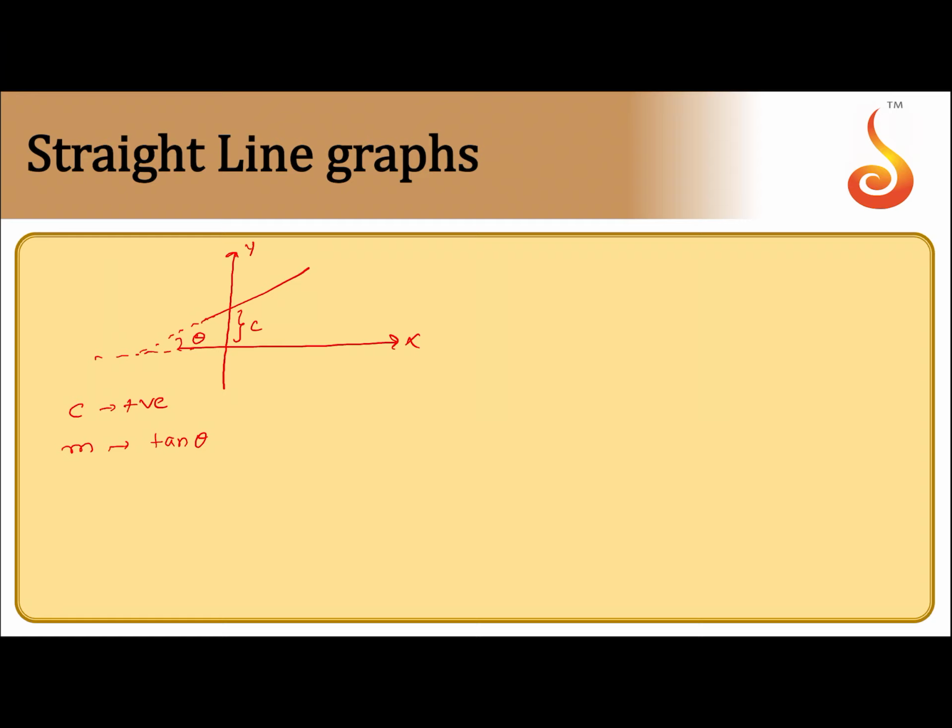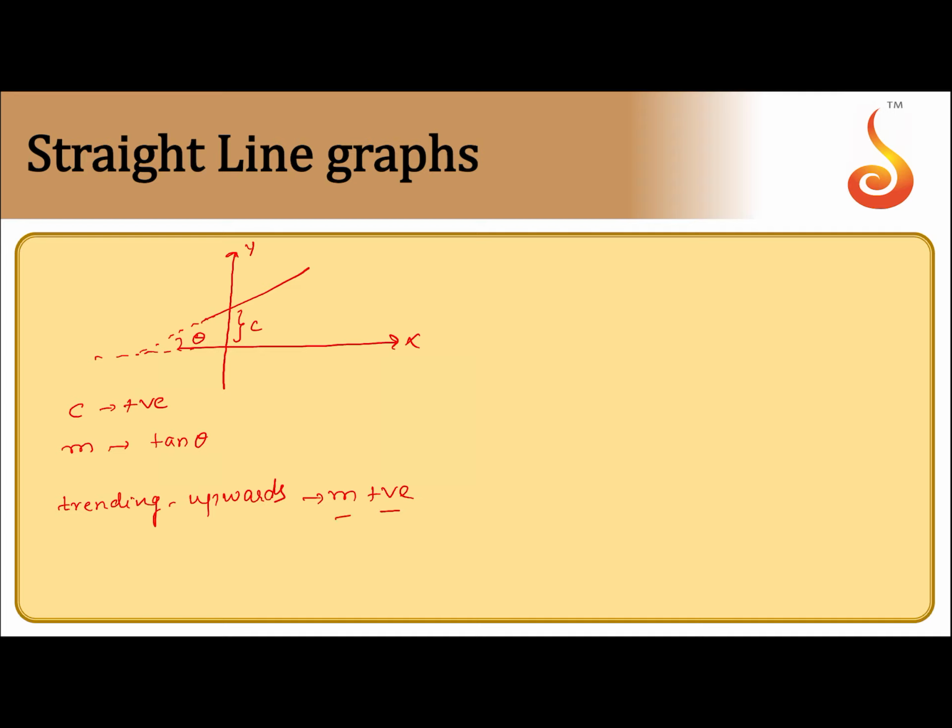Now, is that theta positive or negative? Theta is positive, so tan theta is also positive. Or I can also interpret it in another way. If the graph is trending upwards, then slope is positive. m is positive.